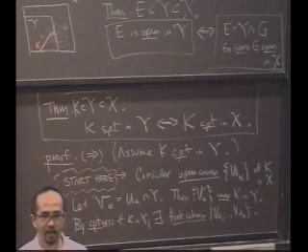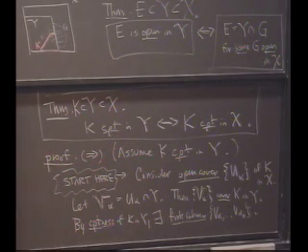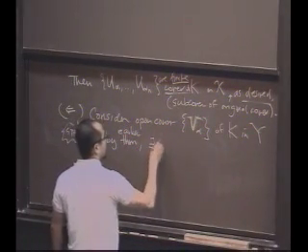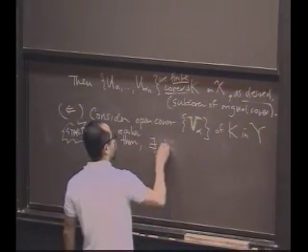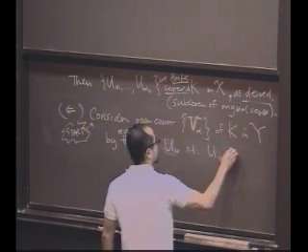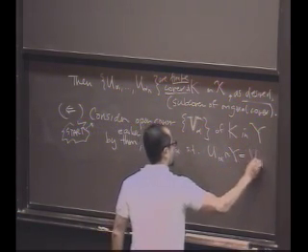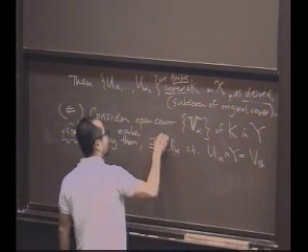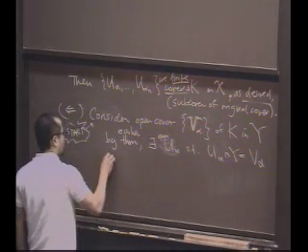This is a great time to ask questions. So consider an open cover V alpha of K in Y. By the earlier theorem, there exists U sub alpha such that U sub alpha intersect Y equals V sub alpha, and these U sub alpha are open.